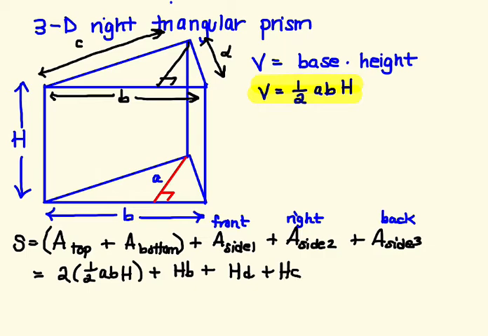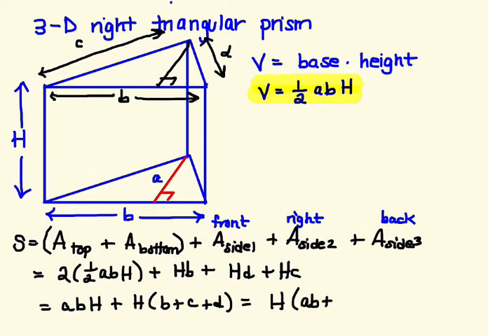Because those are just rectangles, right? And so the surface area, the 2 times the 1/2 cancels out, so it's A, B times H plus H times B plus C plus D. This works out to be H times A times B plus B plus C plus D.